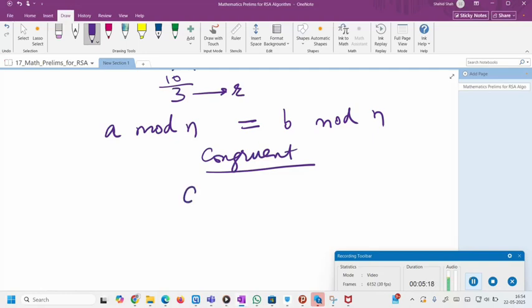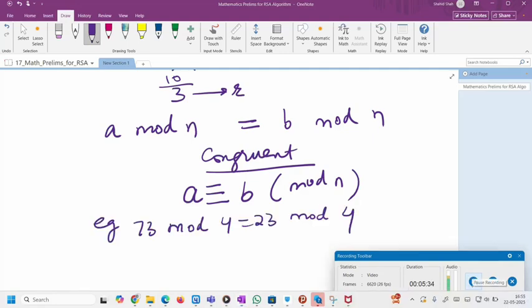So we write a congruent to b, and in the bracket we write modulo n. It is not a normal equality, it's not like a equal to b. Rather, the modulo operation of a with n and b with n result in the same number. A very simple exercise to do: divide 73 by 4 and 23 by 4. The remainder will be the same. So 73 is congruent with 23, but under modulo 4.